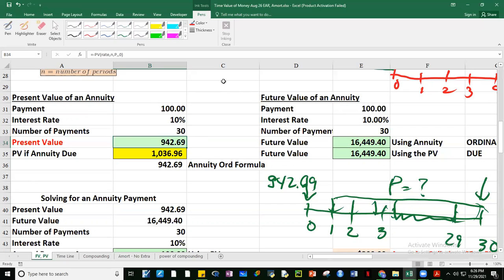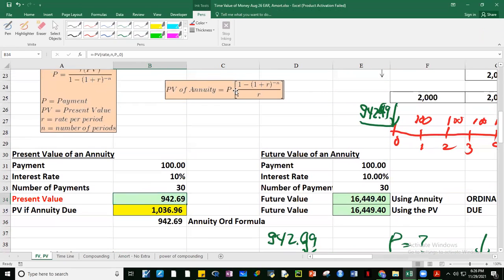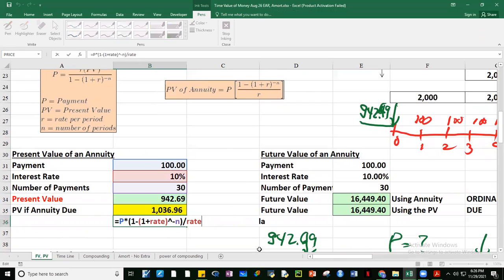Let me pause for a while. Any questions, guys? Feel free to unmute yourself and ask a question about computing for the present value of an annuity. Of course, this is a lot easier compared to using the formula. Here, I actually showed the formula again, so medyo mas mahirap siya.